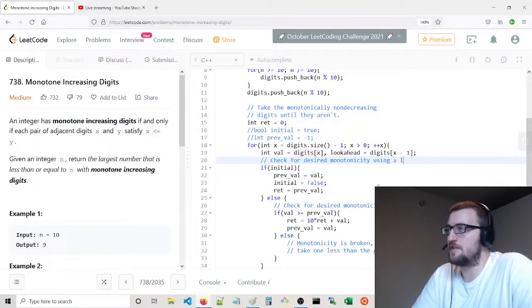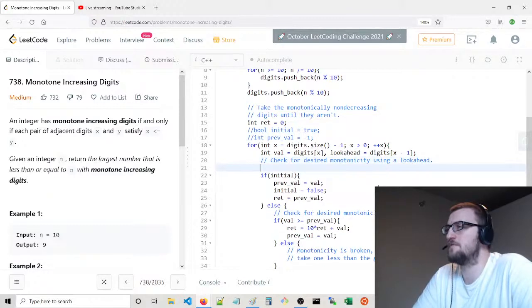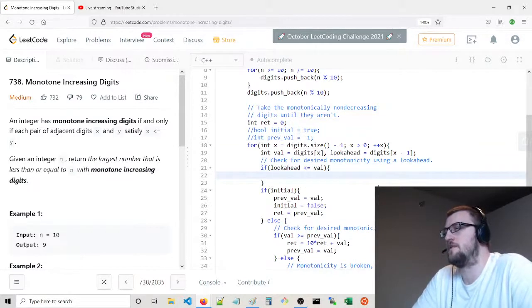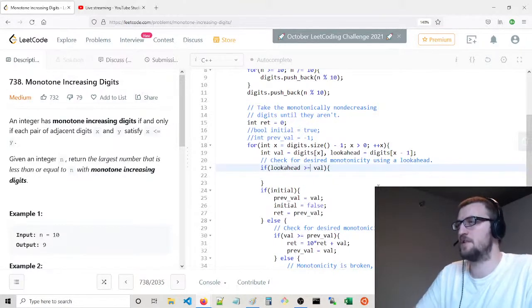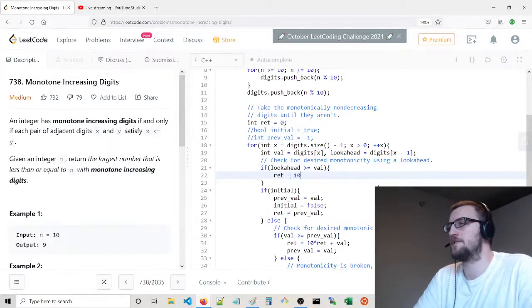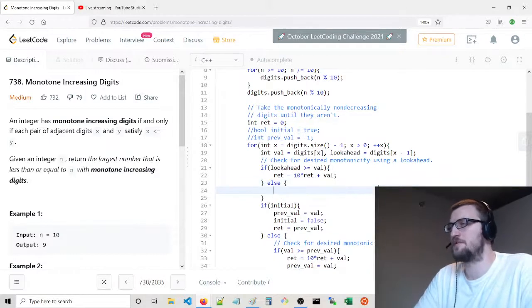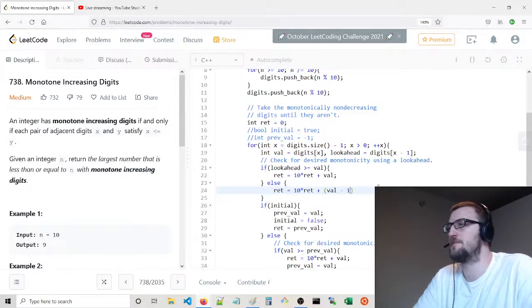Monotonicity using a look ahead. If this look ahead is greater than or equal to our value, then we can say ret equals 10 times ret plus value. Otherwise, we're going to say ret equals 10 times ret plus value minus 1.